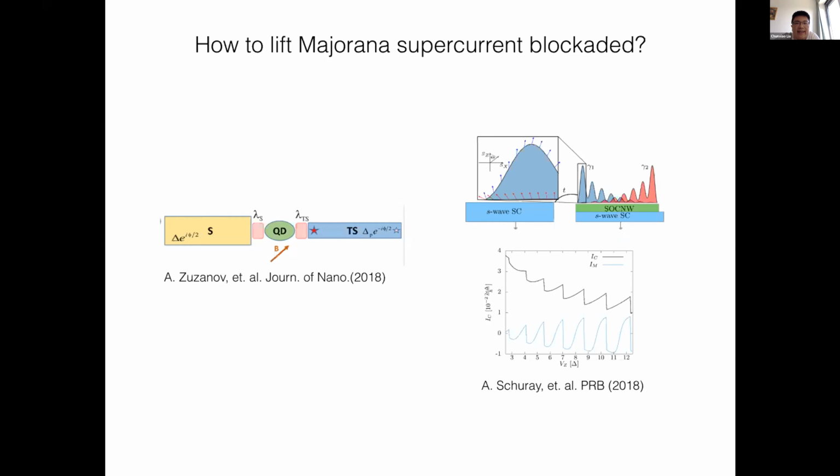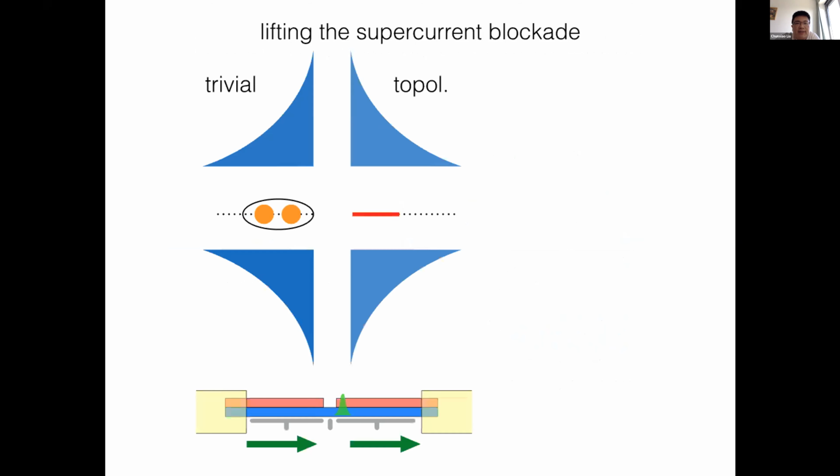But in our work, as I mentioned in the beginning, what we consider is a finite Zeeman field in the trivial superconducting lead. This explicitly breaks the time reversal symmetry in the trivial lead, so that it should give some finite contribution to the supercurrent due to the Majorana zero mode.